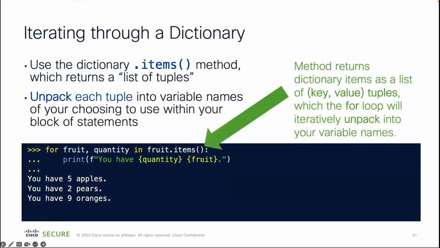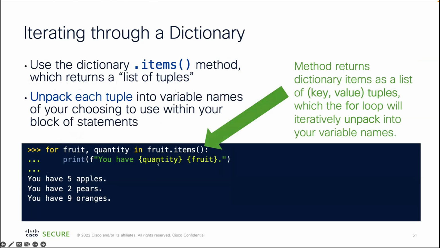So next, iterating through the dictionary. As I mentioned, that's something that is very commonly necessary when you work with API outputs. In this case, we see our dictionary contains, well, actually we don't see what our dictionary contains, but we can guess.